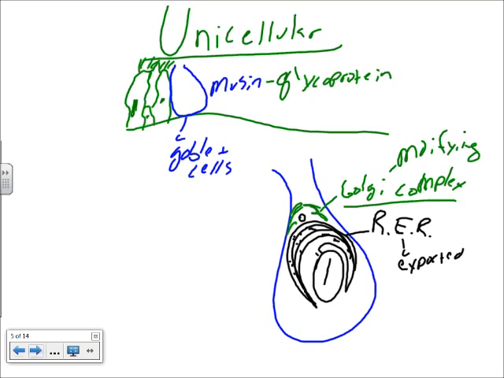As these proteins are manufactured, there will be outpouchings of the Golgi, and you'll form these secretory vesicles. These vesicles are going to accumulate in the upper part of the goblet cell, and then eventually these secretory vesicles will fuse with the plasma membrane, and their secretions will be emptied out.